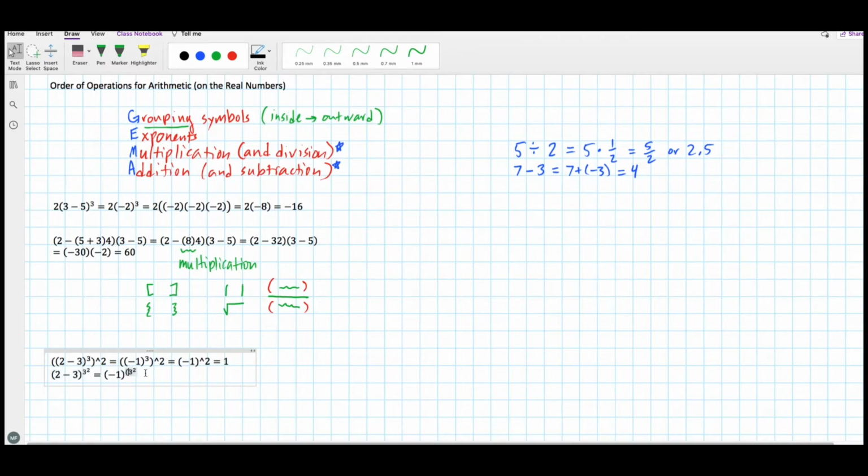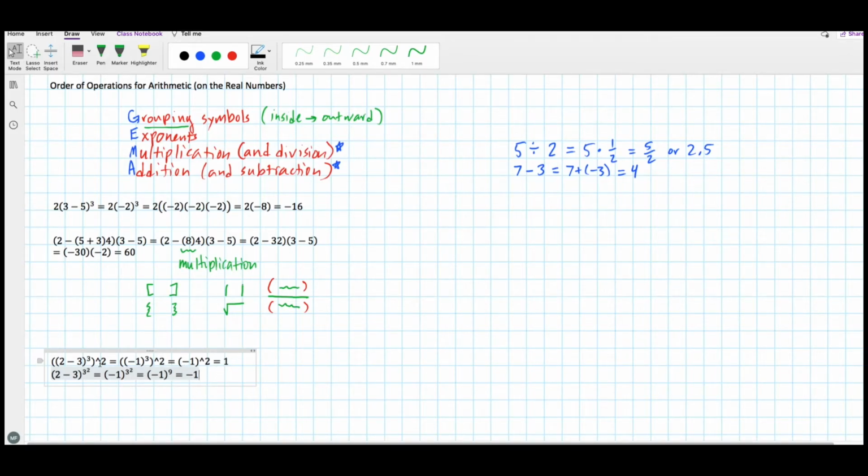There's actually a little pair of parentheses in here that we don't usually write out, but are implied by the fact that 3 squared is all in that superscript position. So then we would have negative 1 to the 9th power. Okay, and so negative 1 times negative 1, nine times in all, I think I got that right, is negative 1.